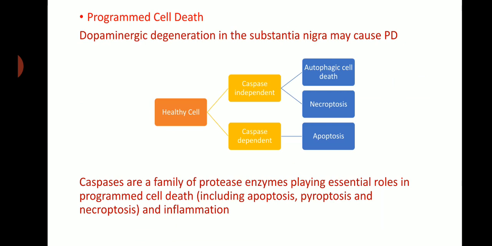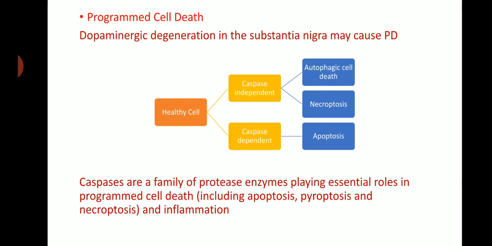Another pathogenesis for Parkinson is dopaminergic degeneration and programmed cell death. Here we see dopaminergic degeneration in the substantia nigra may cause Parkinson disease. What is the substantia nigra? It is a basal ganglia structure located in the midbrain. In a healthy cell, there are caspase-dependent and caspase-independent pathways. In caspase-dependent, apoptosis occurs.